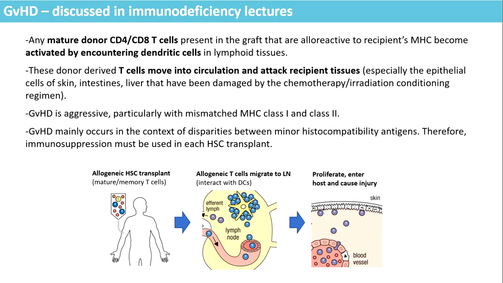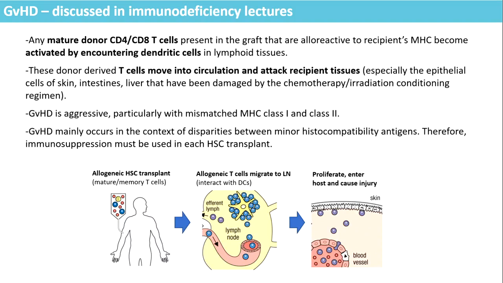Now we talked about this before, but in graft versus host, we're getting donor T cells, the CD4 and CD8 T cells, that are alloreactive to the recipient's MHC, and they become activated by encountering dendritic cells in the lymph nodes or the lymphoid tissues. These T cells then move back into circulation and attack the recipient tissues.